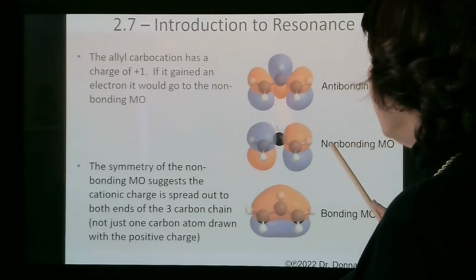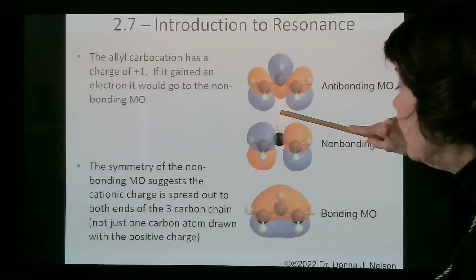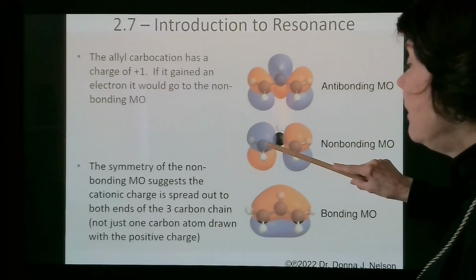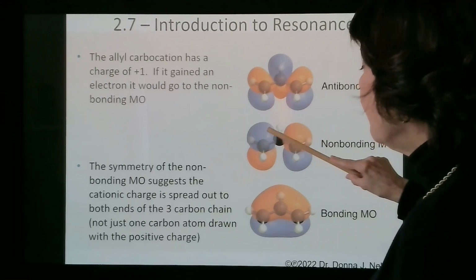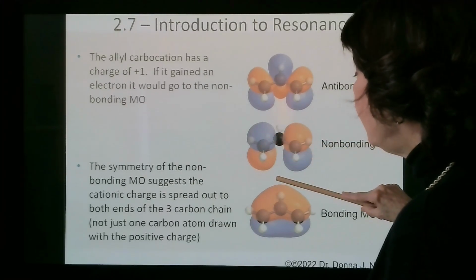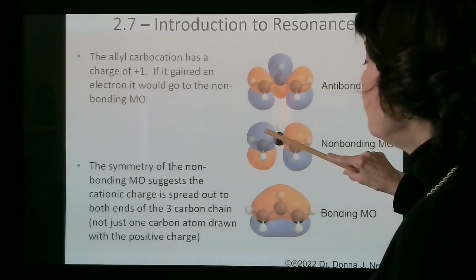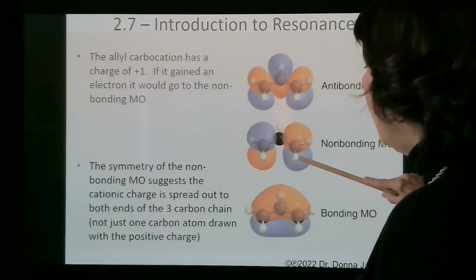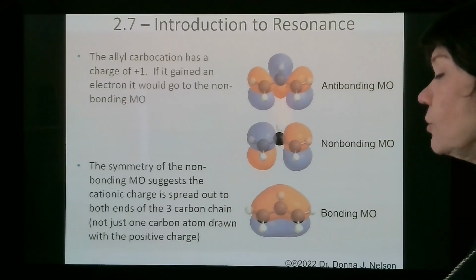Notice the non-bonding molecular orbital is symmetrical, even though the lobes are of different sign. And so the positive charge is going to be borne equally between these 2 terminal carbons.